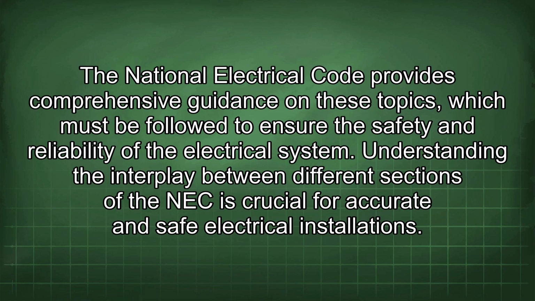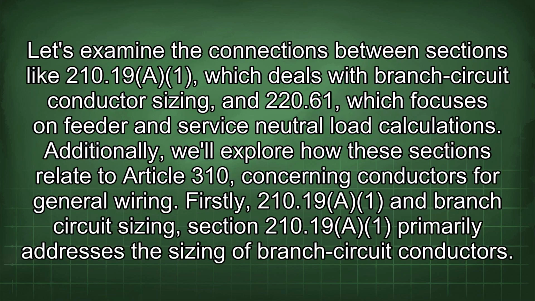Understanding the interplay between different sections of the NEC is crucial for accurate and safe electrical installations. Let's examine the connections between sections like 210.19(A), which deals with branch circuit conductor sizing, and 220.61(C)(1), which focuses on feeder and service neutral load calculations. Additionally, we'll explore how these sections relate to Article 310 concerning conductors for general wiring.